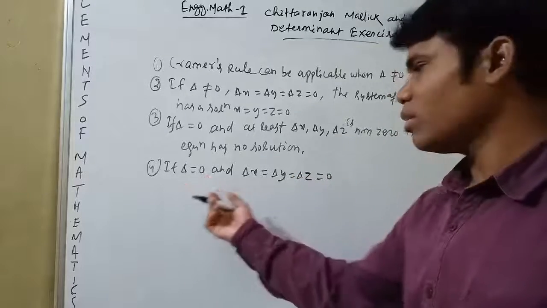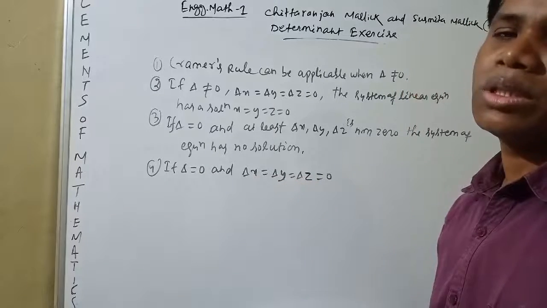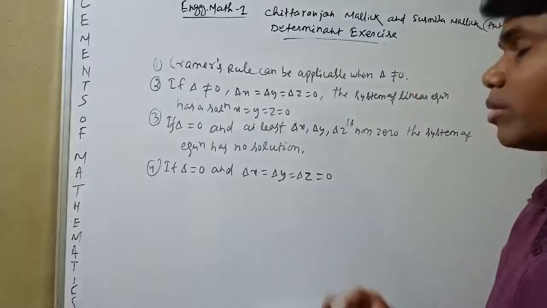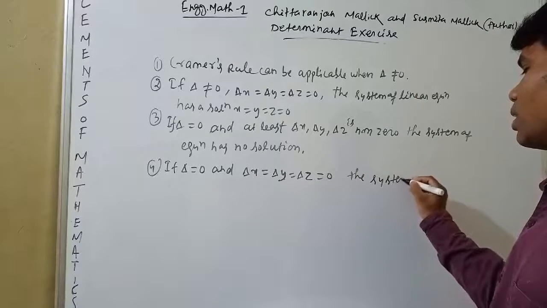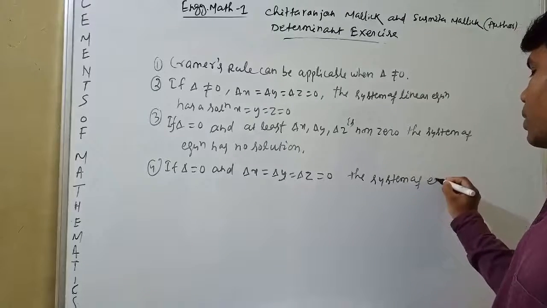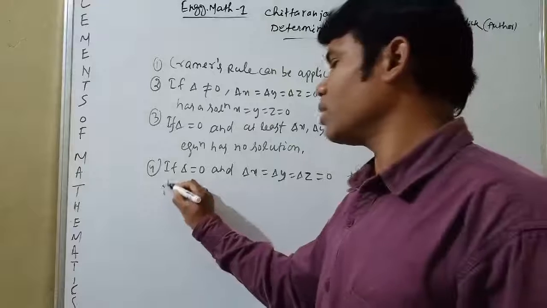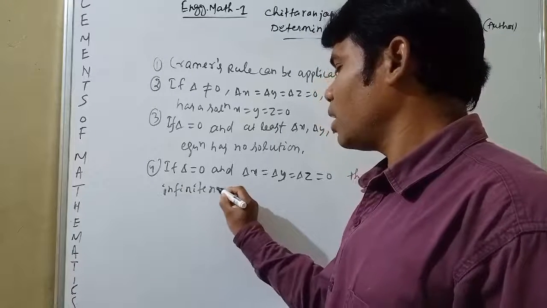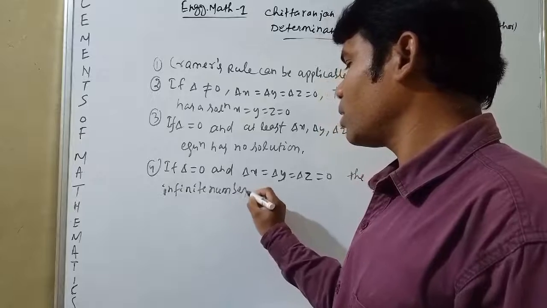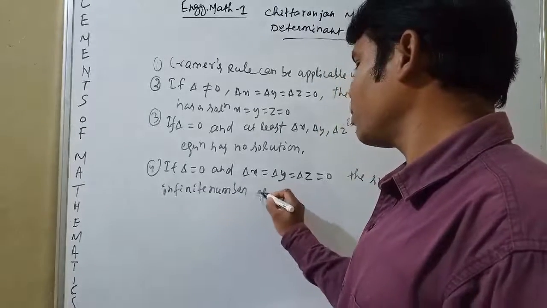Del is equal to 0 and del x, del y, del z are all 0, the system of equations has an infinite number of solutions.